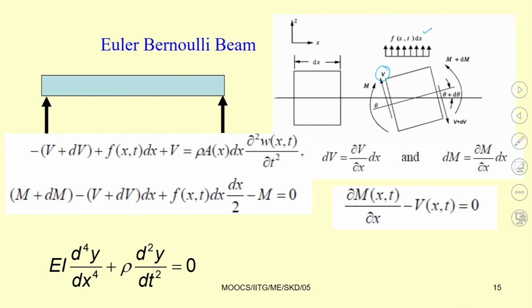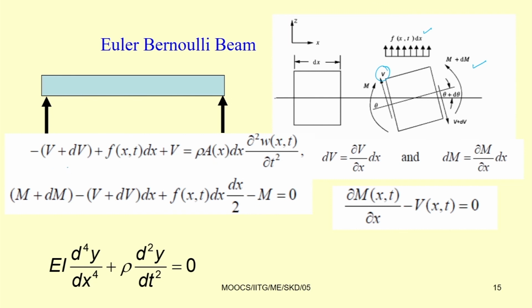M is the bending moment acting on the left side, and M plus dM is the moment on the right hand side. If you neglect the shear deformation, that is, theta is very small, then you can write down the equation of motion.